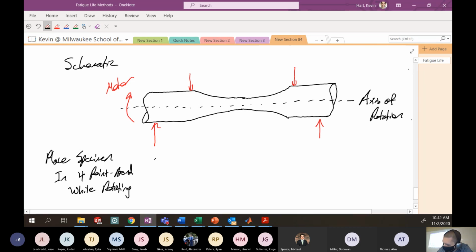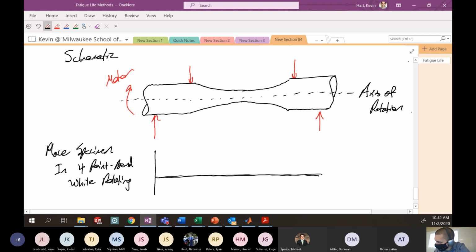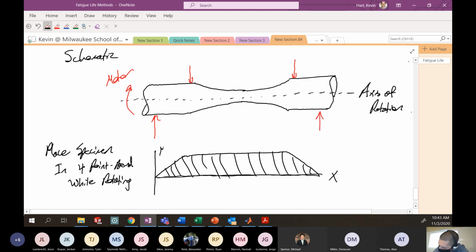If I do that, my distribution of the moment as a function of the length of this bar, who remembers these from statics? Yeah, very exciting. It looks something like this. Here, this is the length of the bar x, and here this is the moment applied inside of this member. Remember these bending moment diagrams from statics?